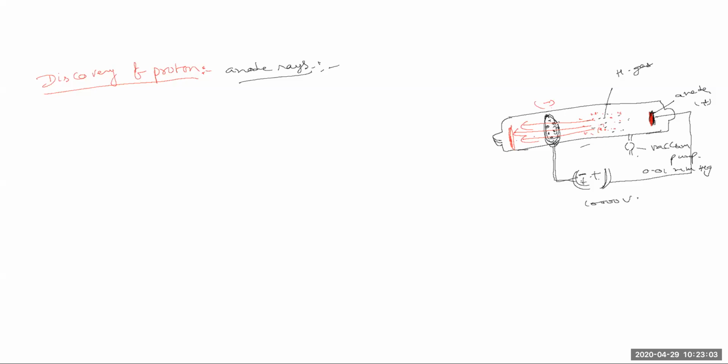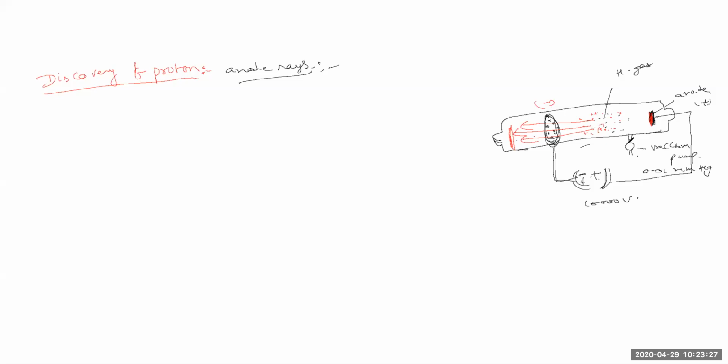The perforated cathode is used and placed at the center of the discharge tube. Now, in this discharge tube, lighter weight hydrogen gas is taken.